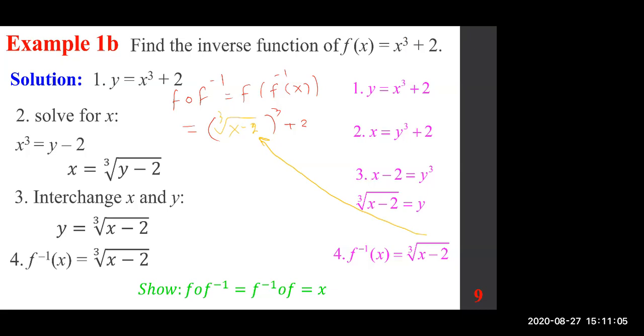So what happens, it comes out as x minus 2. We have the plus 2 outside, and the final answer is x. And that's a proof we haven't made a mistake. I hope it is clear to you.